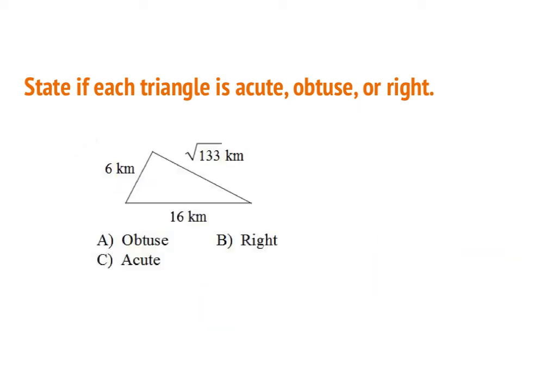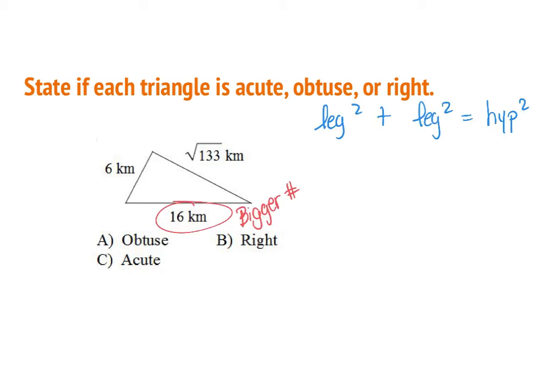Now you try. State if the triangle is acute, obtuse, or right. So we have our Pythagorean theorem formula, and 16 is a bigger number, so this is going to be my hypotenuse squared, and I'm going to plug in the rest.